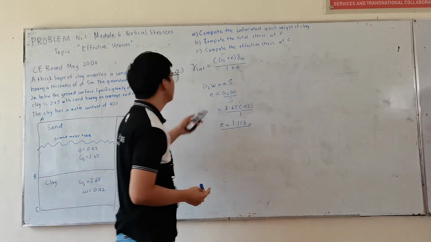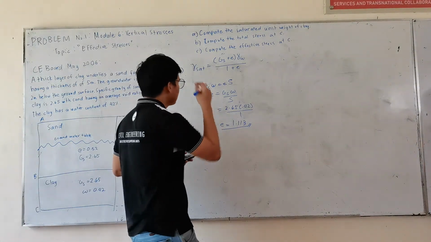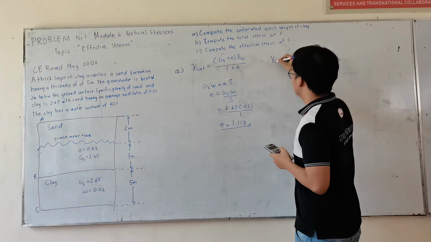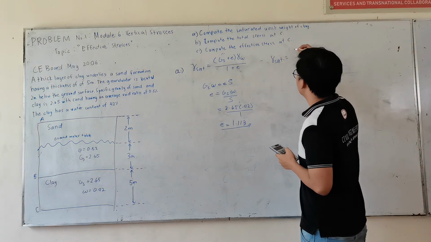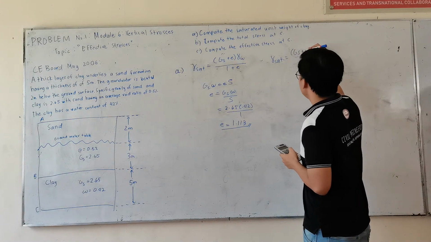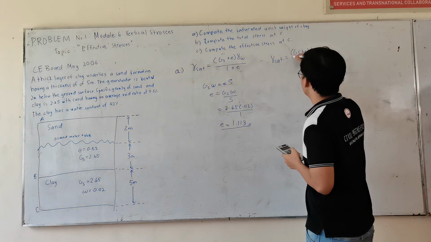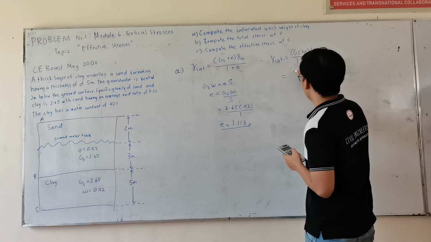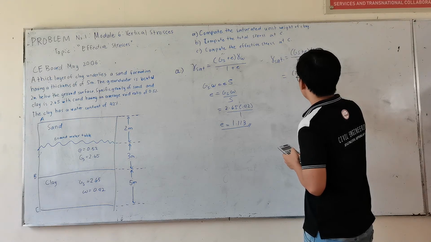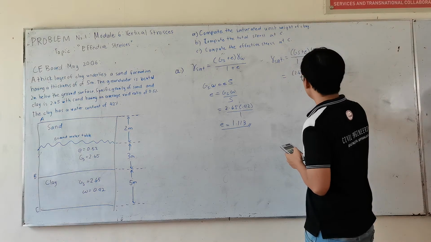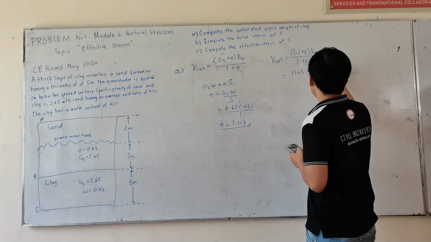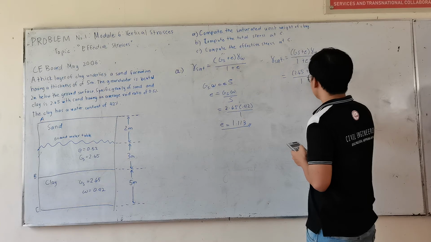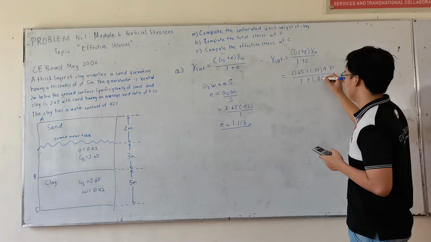So makukuha na po natin ang unit weight ng clay natin. So Y sat is equals to Gs plus e times the unit weight of water over 1 plus e is equals to 2.65 plus 1.113 times 9.81, yung unit weight of water, over 1 plus 1.113.